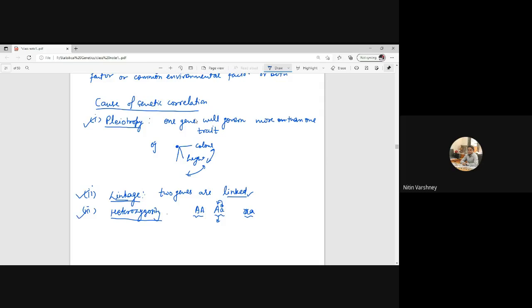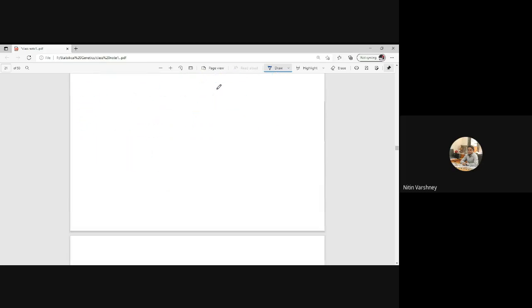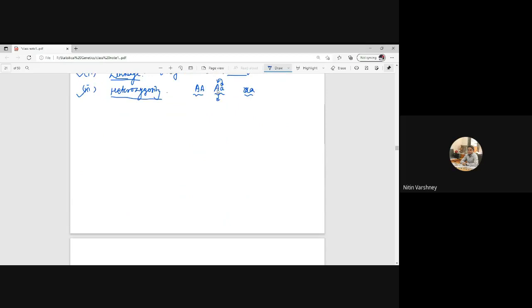Now if we see its mathematical part, we have two characters x and y, and if I write sigma square p for x is equal to sigma square g x plus sigma square e x, simply just P is equal to G plus E. From here I am writing the same thing for y also.